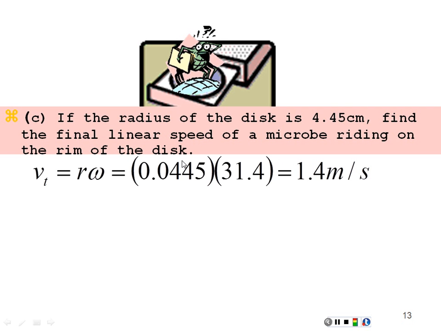So that is going to be the radius of 0.0445 meters times 31.4 radians per second gives us 1.4 meters per second. We kind of dropped the radians out of the units there because it really is a unitless quantity. So we don't say 1.4 meters radians per second, we just say 1.4 meters per second for a linear velocity.